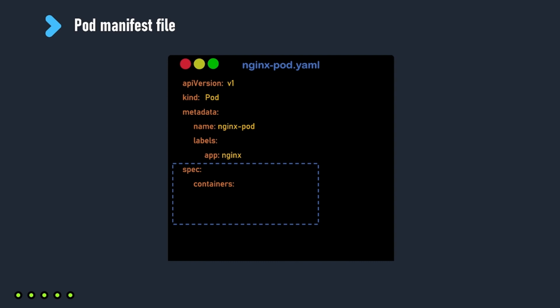For the nginx pod that we have here, we want to create just one container using the nginx image, and we will call it nginx container. So for each container, we set the image and the container name using the image and the name properties. Now the YAML file is ready to be applied to Kubernetes to create the pod.